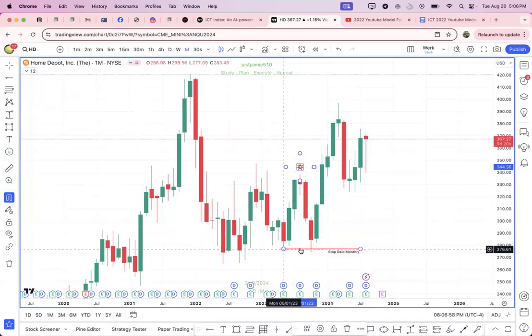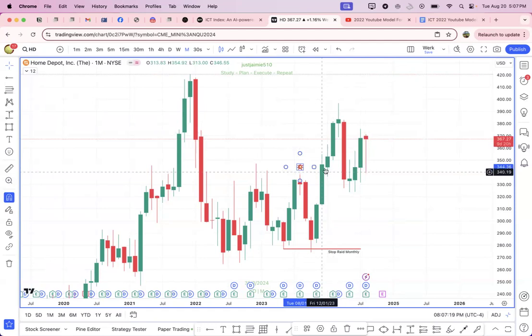So when price is coming down here, you can set an alert here, alert me when we get the stops raided. Boom, you get your alert. Then you can put an alert here, alert me when this high is broken. So as soon as it came through here, you'll get an alert. Okay, boom. Then you got your market structure shift.